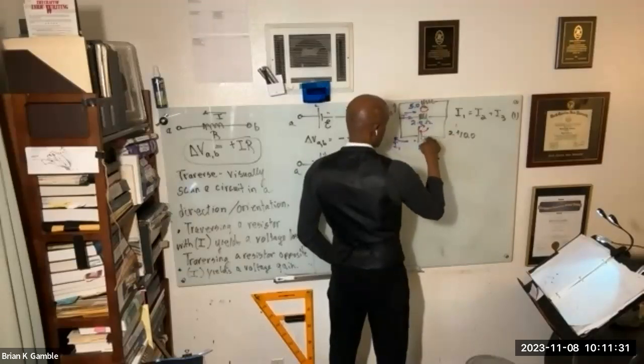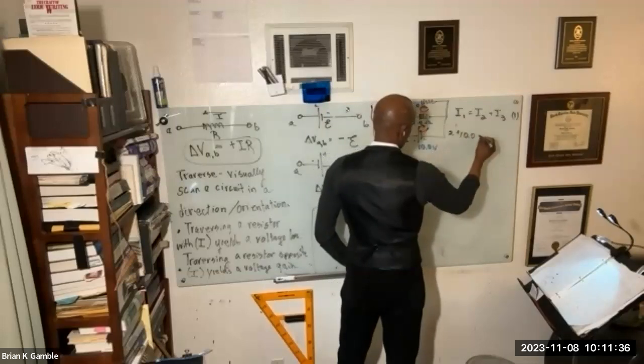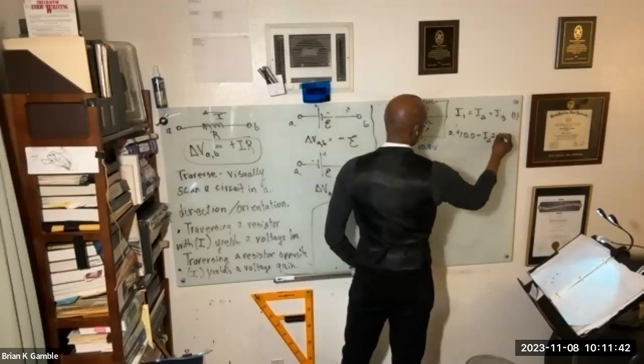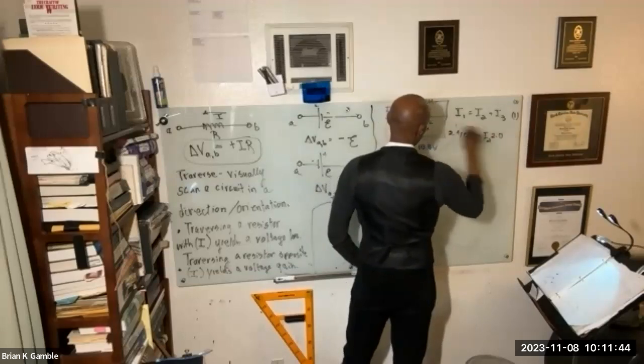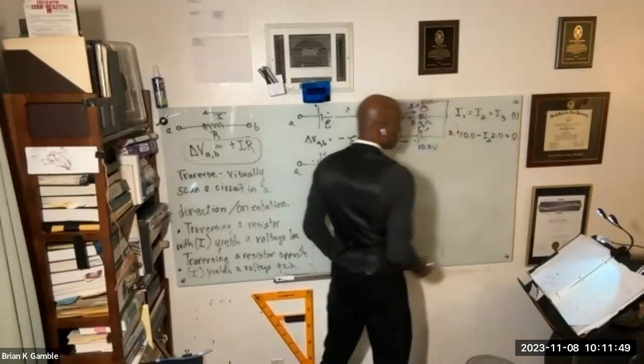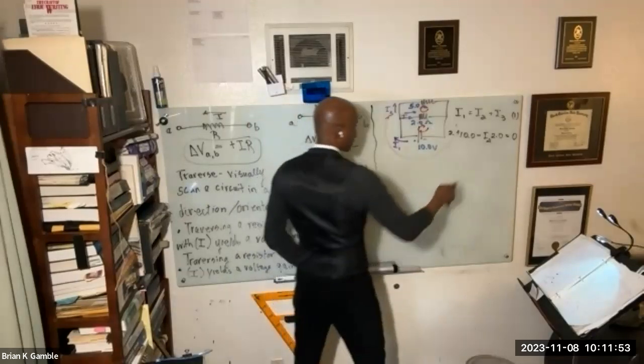As I go through that resistor, that's going to be a voltage drop. So minus I2 times that resistance, which is 2 ohms, and when I get back to my initial position, it's got to equal 0. That's the loop rule, and that gives me my second equation with the current in it.